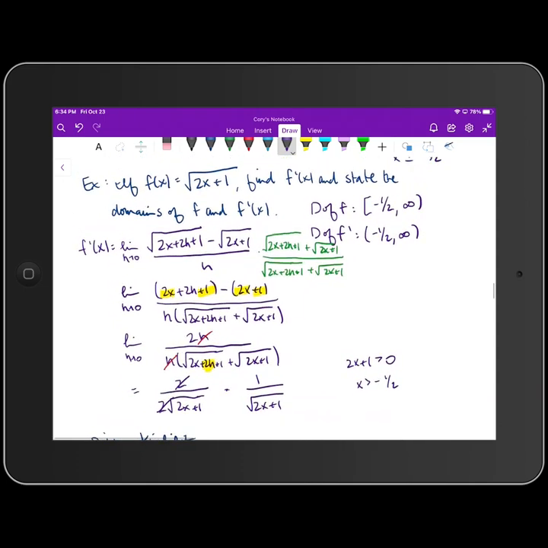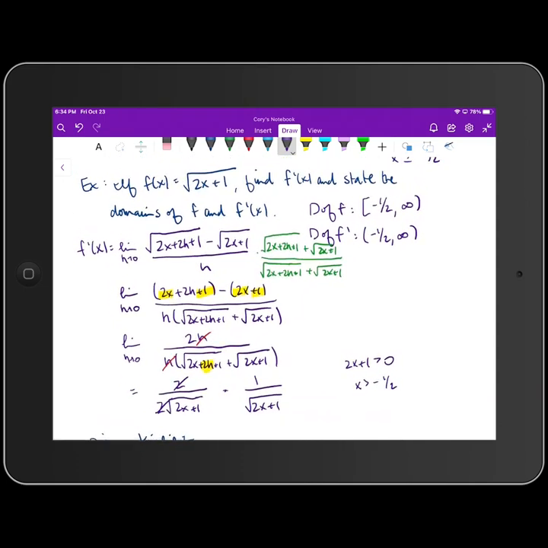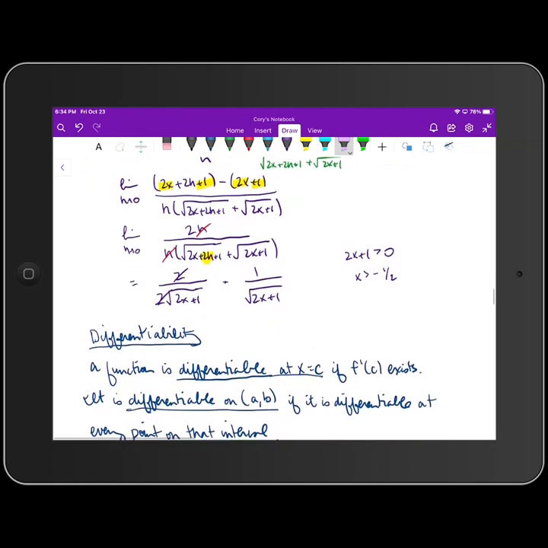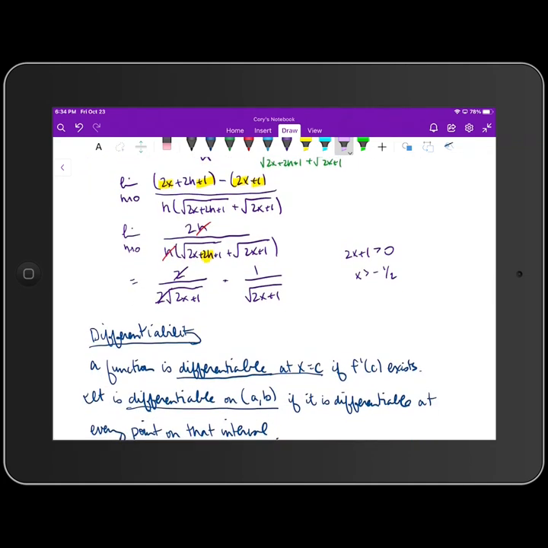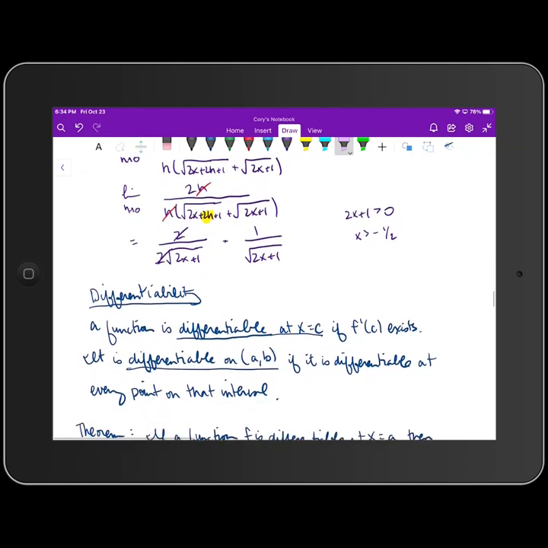Okay, so again, that function f of x is continuous on this half-closed interval here, and then it's differentiable on this interval here. And we're going to talk about what it means for a function to be differentiable next.